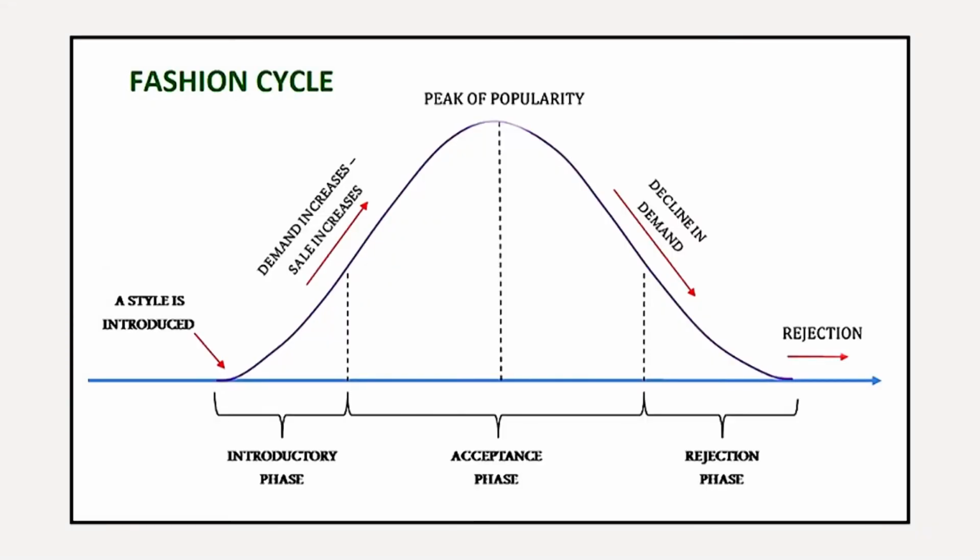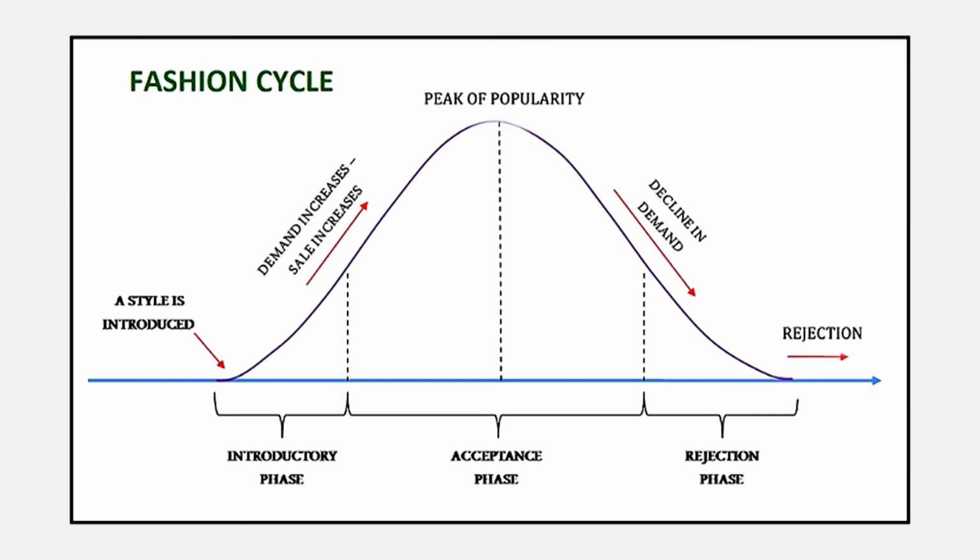Fashion cycle. Let us see what is a fashion cycle in detail. From the time of introduction to its disappearance, a style reappears in a slightly different form after a certain period of time.